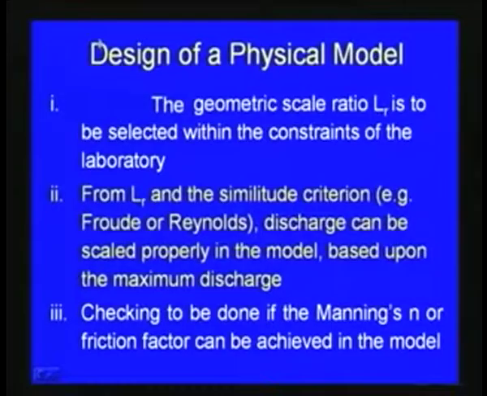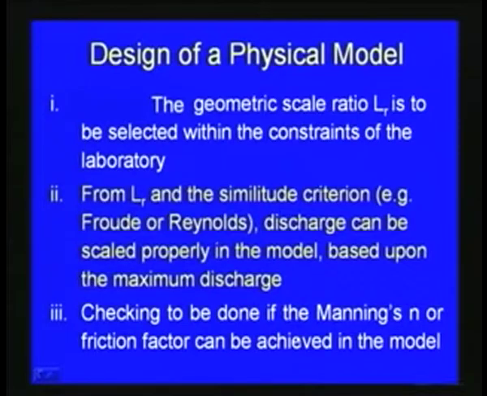Either we can use the Reynolds model law or the Froude model law to do this discharge scaling. So, the first step is the length parameter as far as the geometry is concerned, the second one is the discharge parameter, and the third one is a check on whether the Manning's roughness or friction factor can be achieved in the model.